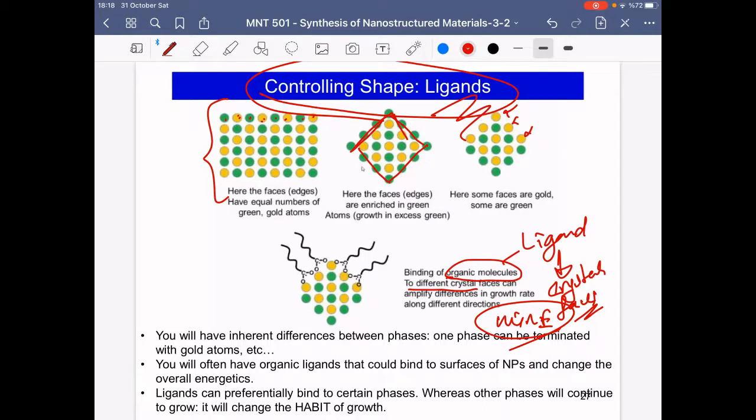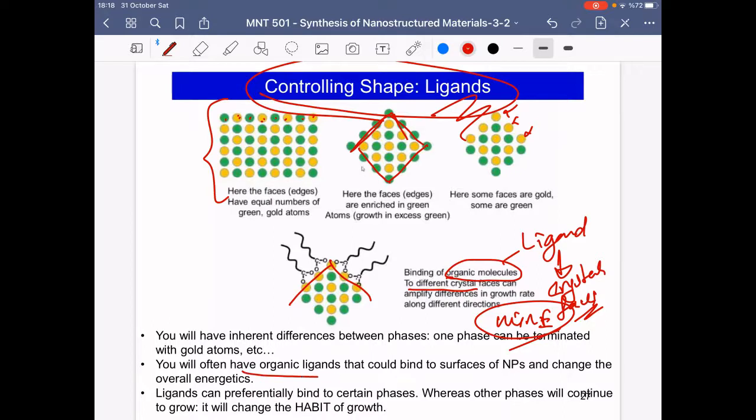So those ligands go and attach themselves onto certain sites. And once these ligands attach themselves onto these, let's say, gold atoms, the reactants, the food that you apply, won't be able to reach there, and so you get a preferential growth in your nanoparticle. So you'll have an inherent difference between phases. One phase can be terminated with gold atoms, for example.